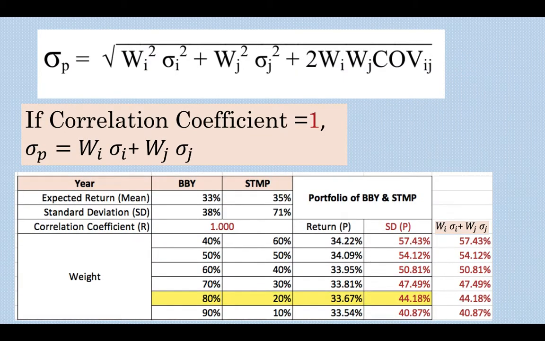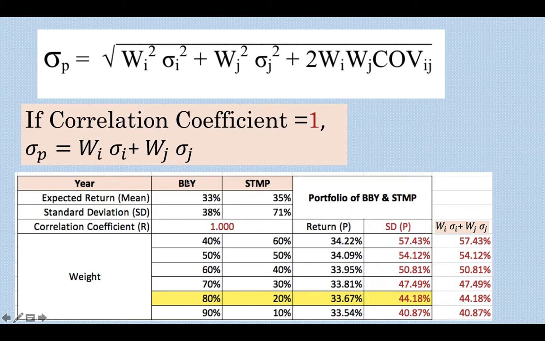Another thing you have to understand is that Stamp and Best Buy had a negative correlation coefficient before. How they are correlated matters. Let's say the correlation coefficient equals 1, which means if Best Buy increases 10%, Stamp will increase 10% as well.